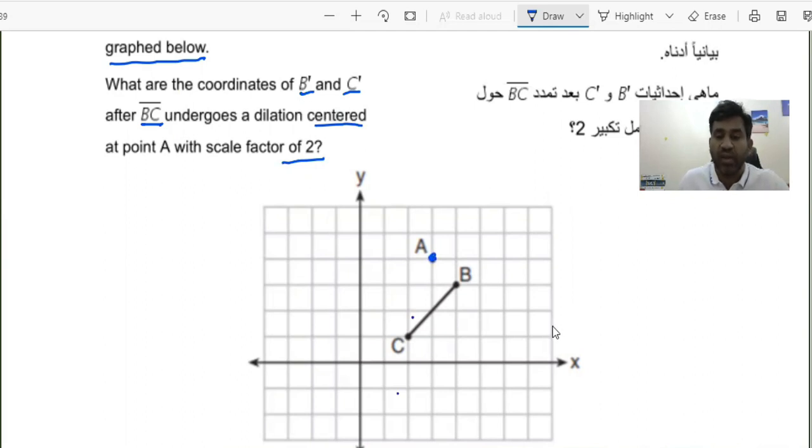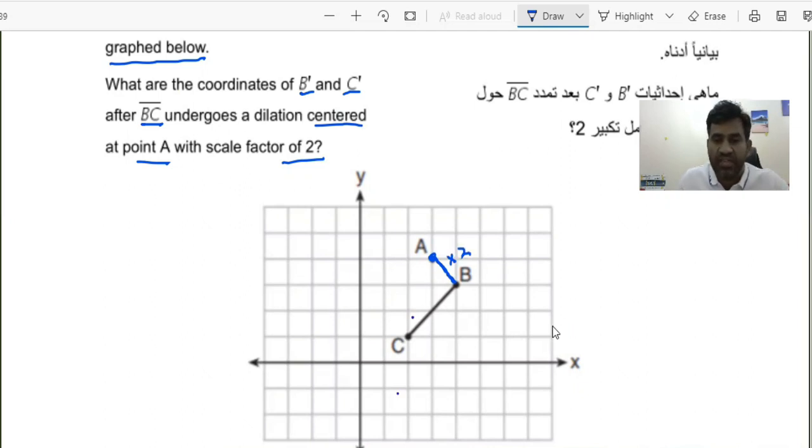Now look at the length of the line AB here. When line segment BC is dilated with a scale factor of 2 with reference to point A, the length between A and B should get multiplied by 2. It just needs to get doubled.